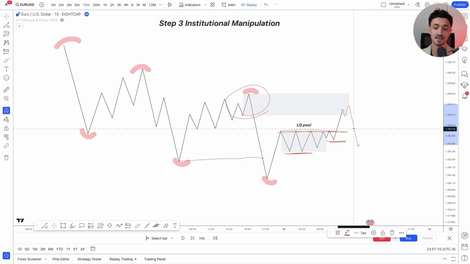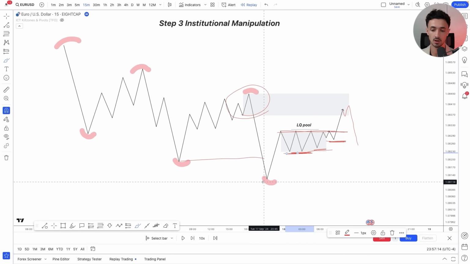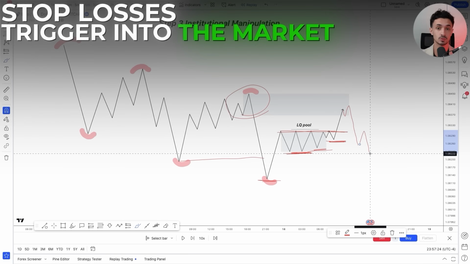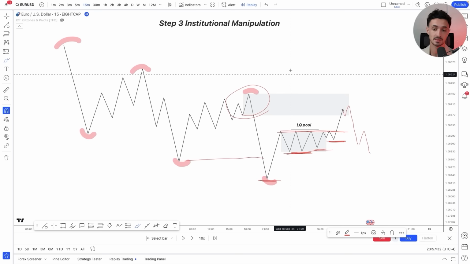And the thing is, when there's already a bunch of engineered stop losses at all of these lows, what happens is every time price triggers an area where those clusters of stop losses are, those stop losses trigger into the market as additional sell positions, which further does what? Escalates price. It further pushes price lower, because every time a buyer steps into the market and puts a stop loss in place, all that stop loss is a sell order.